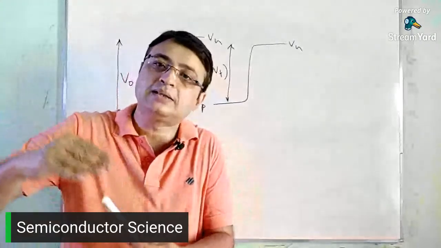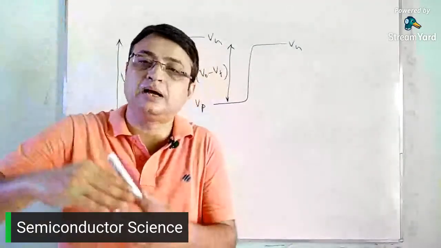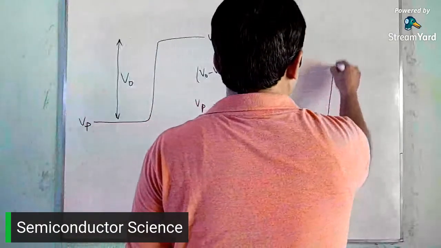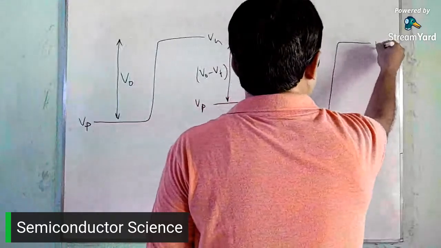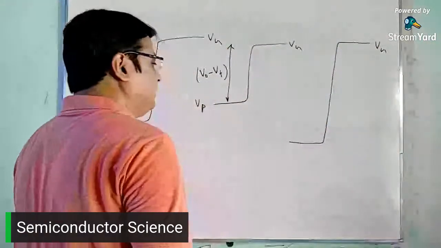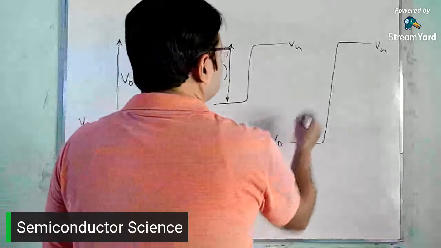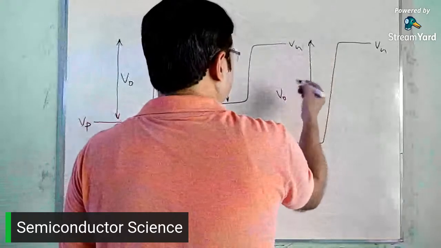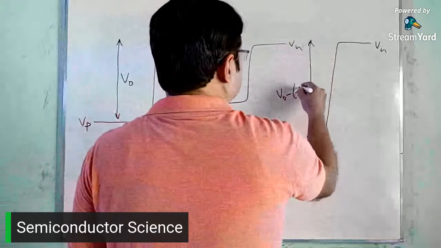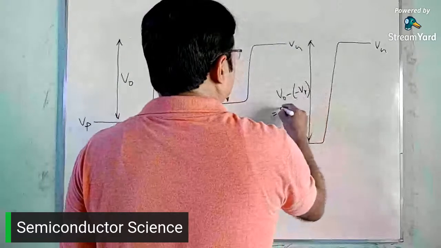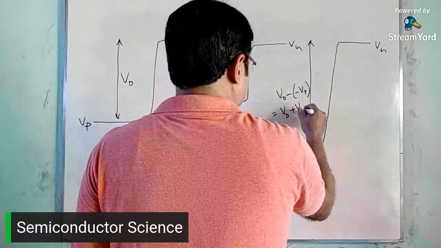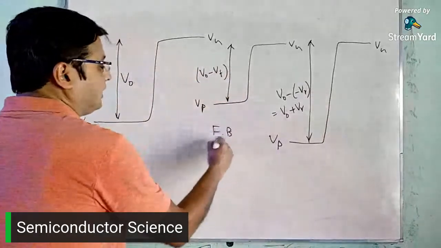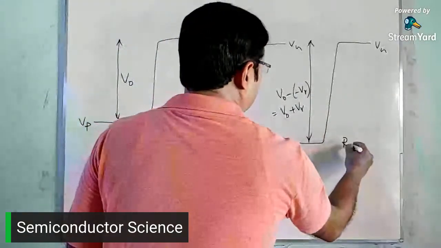So it makes the electrostatic potential barrier larger. For the reverse bias mode, this contact potential increases from V0 to V0 plus VR. So this is the forward bias case, and this is the reverse bias case.